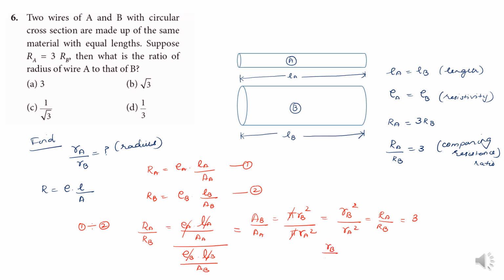So RB by RA is equal to root 3. But what is asked is RA by RB, which is equal to 1 by root 3, that is 1 by 1.732, which is less than 1. So RA is less than RB. That means option C.